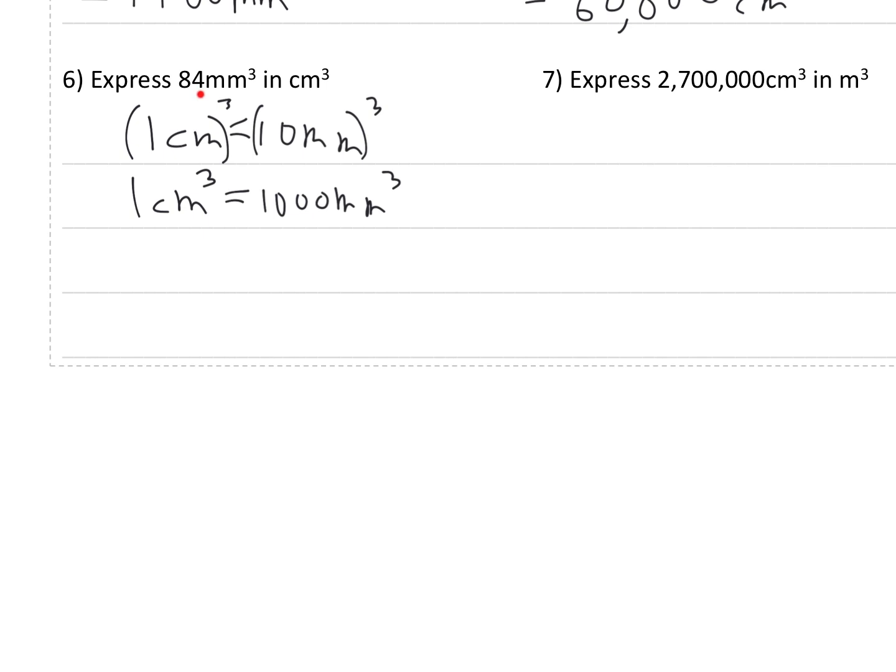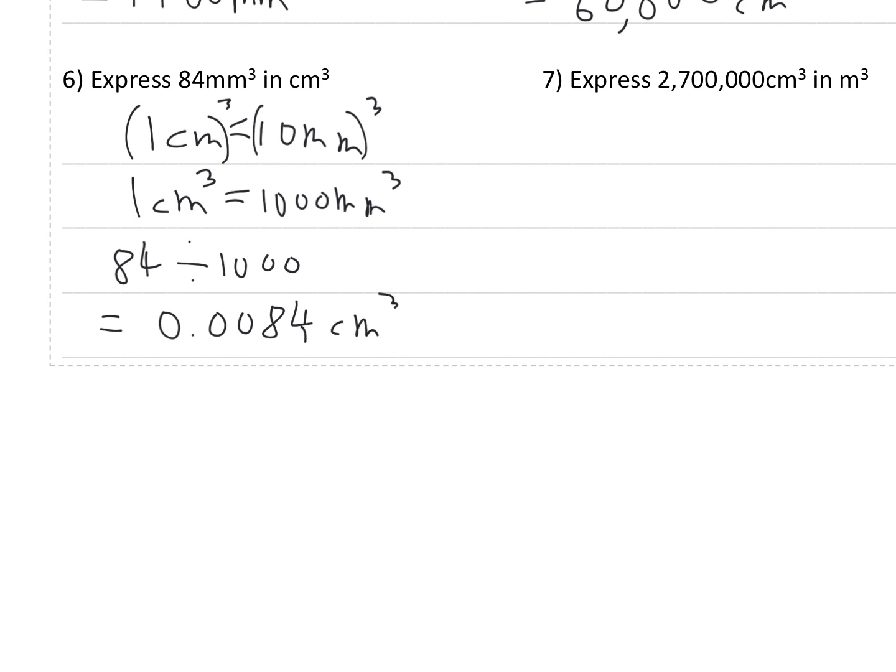To go from millimeters cubed to centimeters cubed, we're going to the bigger unit, which means there'll be a smaller number. So we've got to, this time, divide. So 84 divided by 1,000 to go back into centimeters cubed. So 0.0084. 1, 2, 3. And that's now in centimeters cubed.